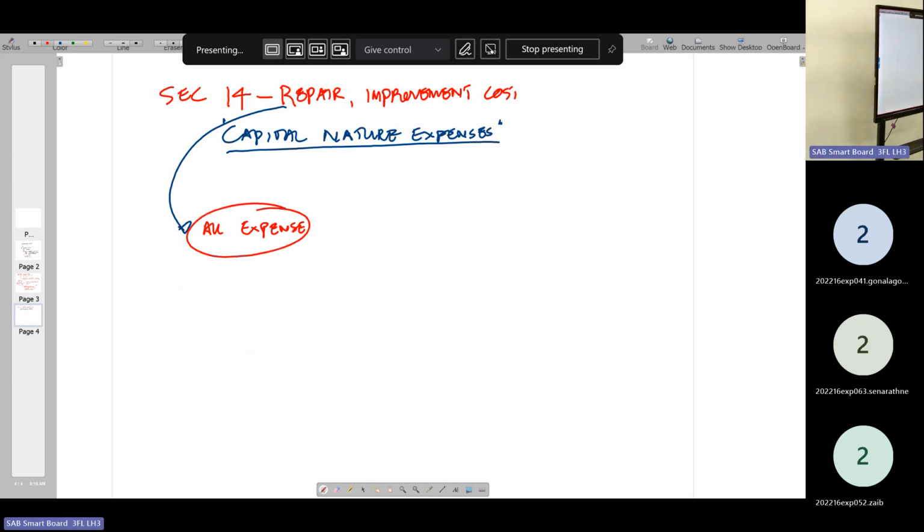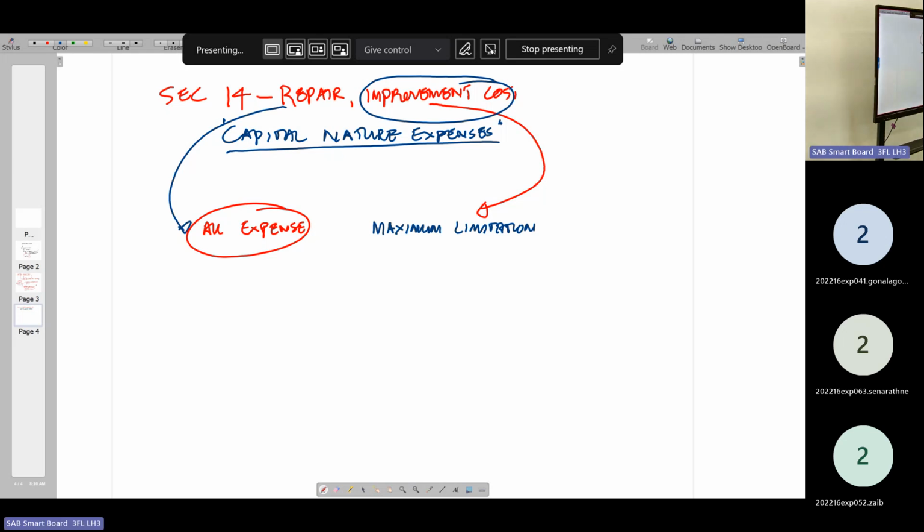That is repair. In case of improvement, it says there is a maximum limit for a year. That is applicable only for improvement cost.